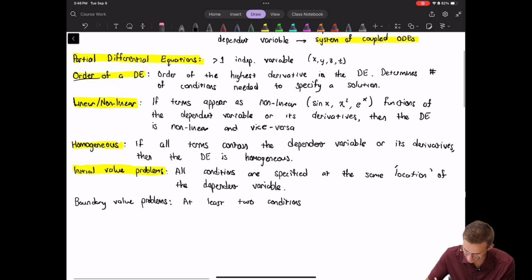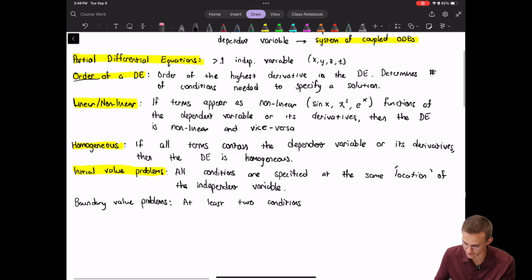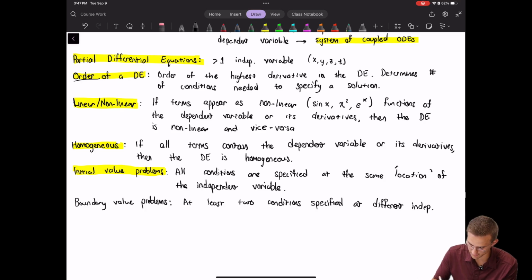This should be independent up here, sorry: at the same location of the independent variable for initial value problems. And then we say at least two conditions specified at different independent variable locations.